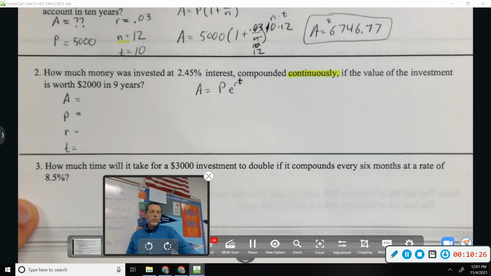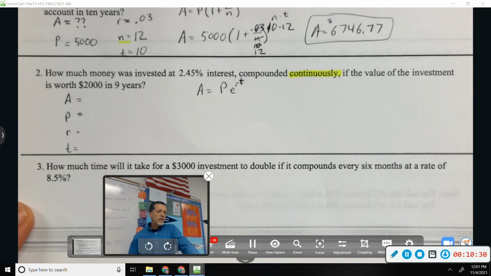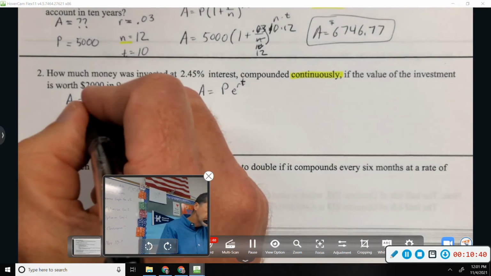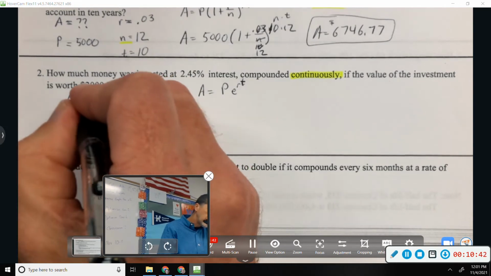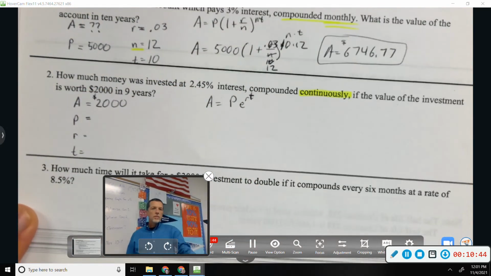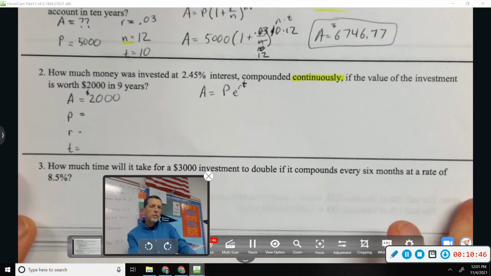Let's figure out what we know and what we're looking for. A is the after. Do we know the after, or is that what we're looking for? We know what it is. The 2000 is the after. That's what we end with. What's the P? Is that what we're looking for?